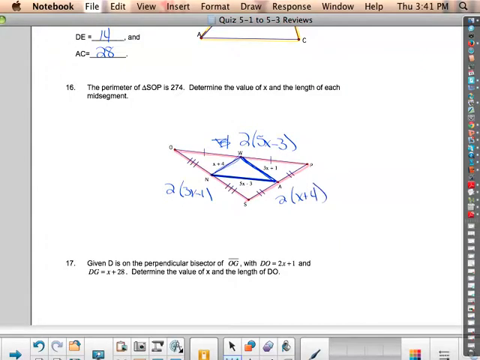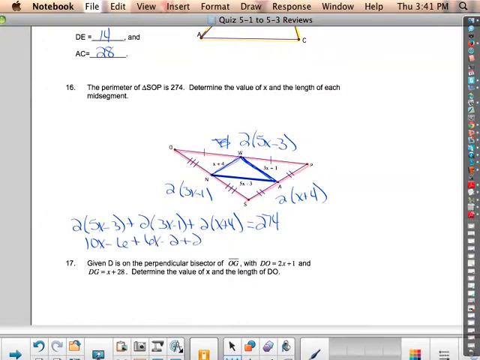So the equation to solve for x is 2 times 5x minus 3 plus 2 times 3x minus 1 plus 2 times x plus 4 equals 274. That's the perimeter. So we get 10x minus 6 plus 6x minus 2 plus 2x plus 8 equals 274.